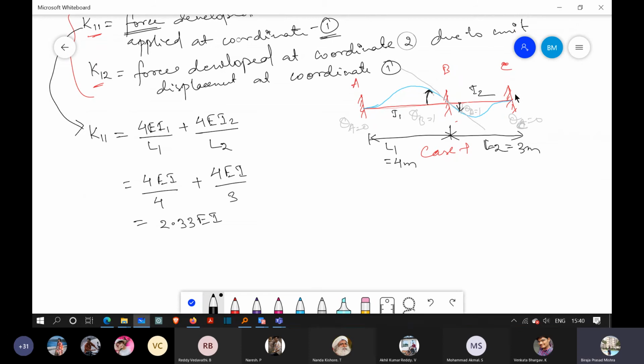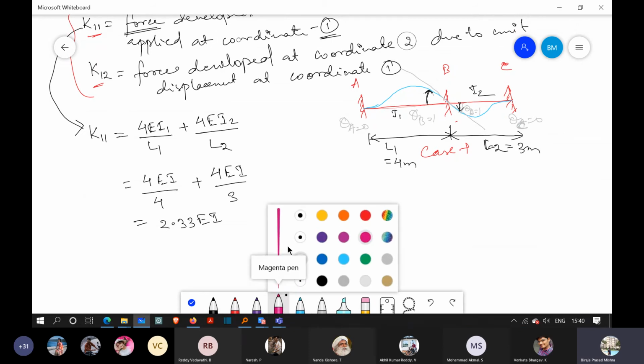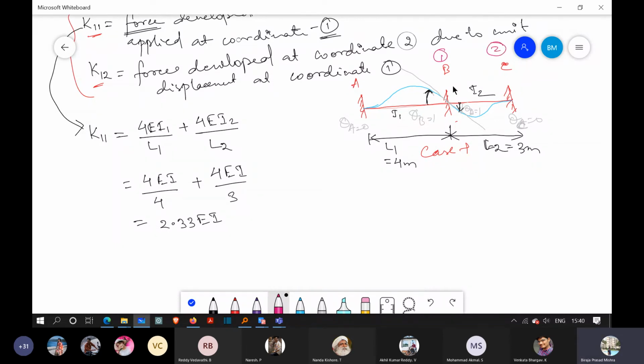Similarly, as I told, this is coordinate 1 and this is coordinate 2. At coordinate 2, due to this unit rotation, what is the force developed here?